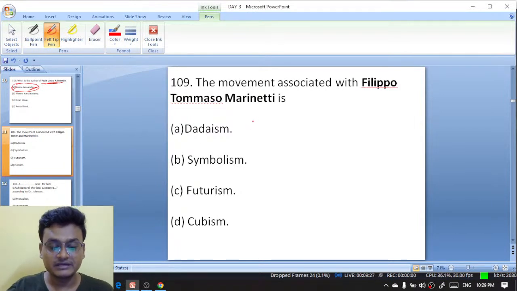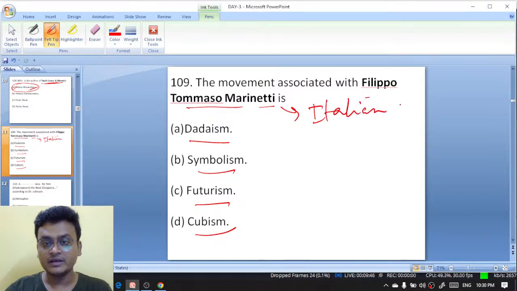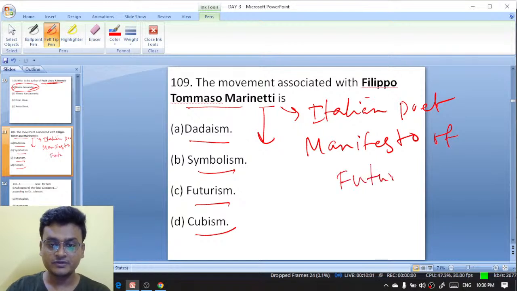Filippo Tommaso Marinetti is an Italian poet, and he has written the Manifesto of Futurism.